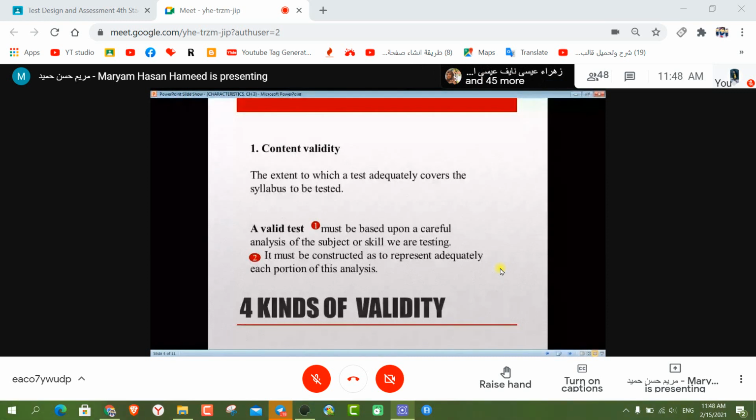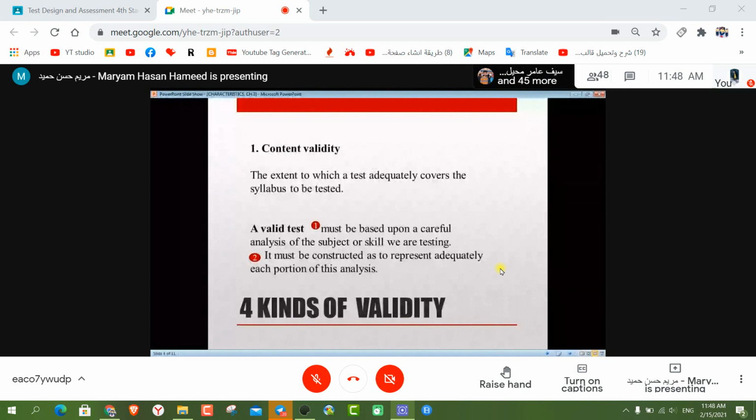So before I design or put the exams, I, as a teacher or instructor, have to read the material very well, as I said, and pick out the most important points or the new points in these chapters to put in the exam or test. It must be constructed so as to represent adequately each portion of this analysis and each point of this test.